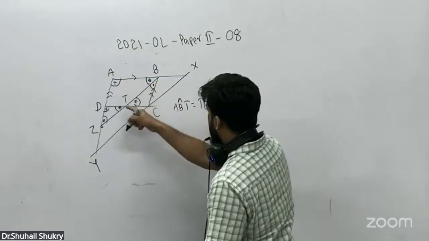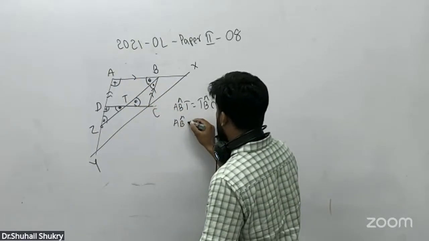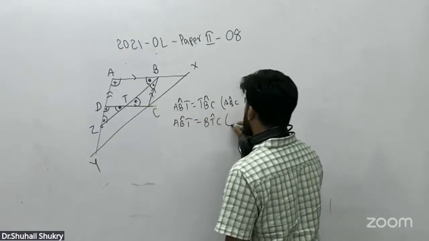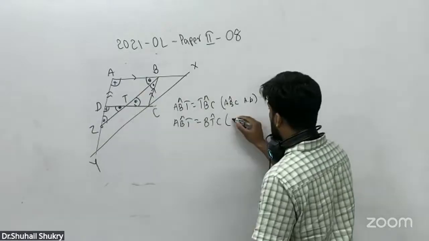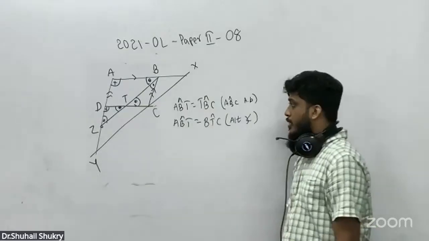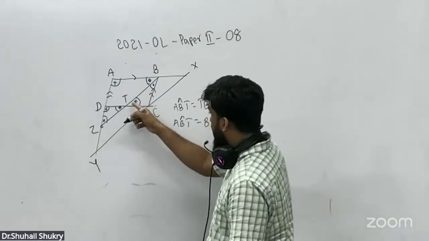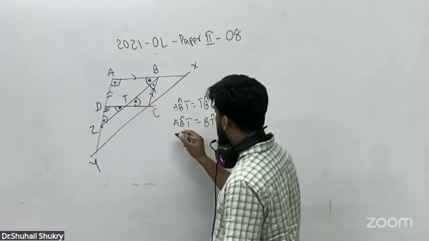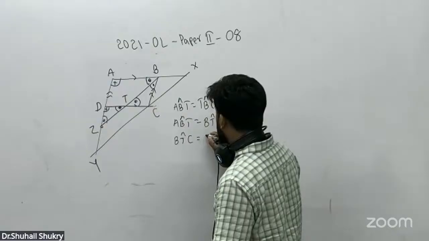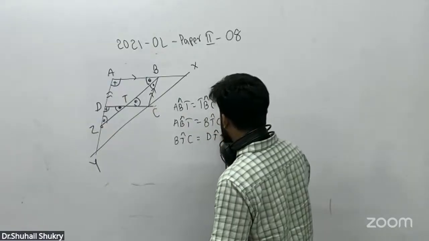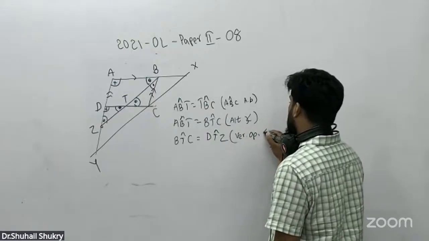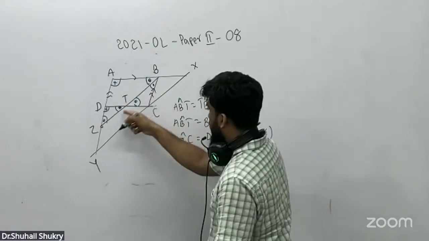So you can tell ABT is equal to BTC. Reason? For alternate angles you can tell Z shape. After that you can tell this angle and this angle are equal. You can tell BTC is equal to DTZ. Reason? Vertically opposite angles. X shape, both are equal.